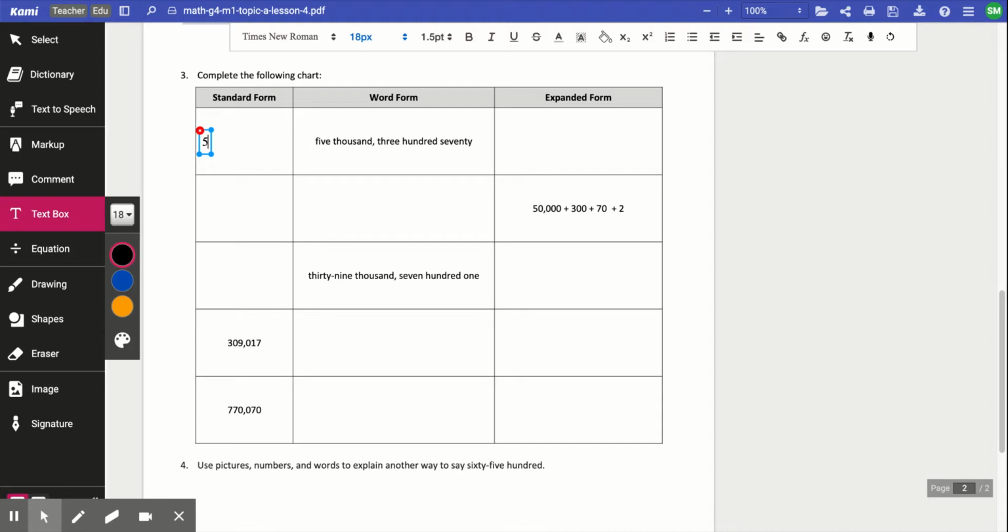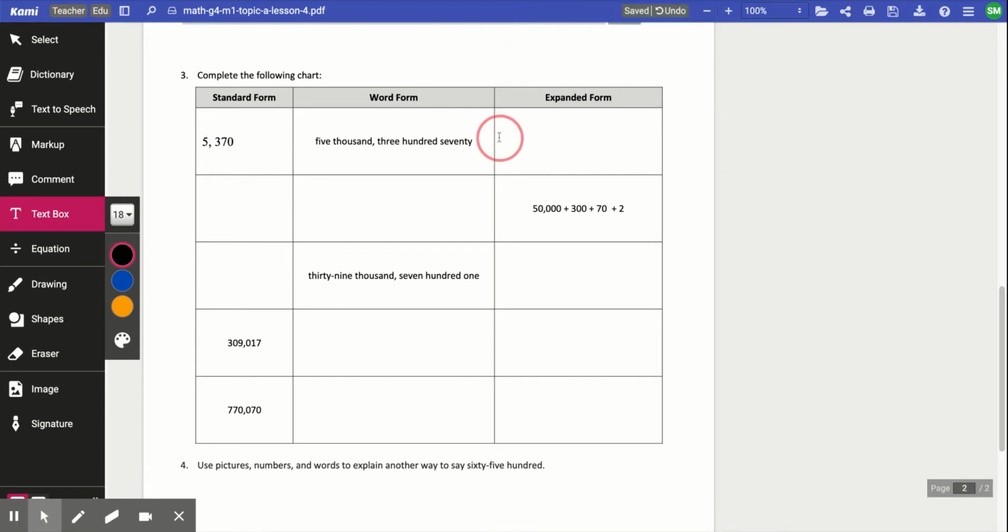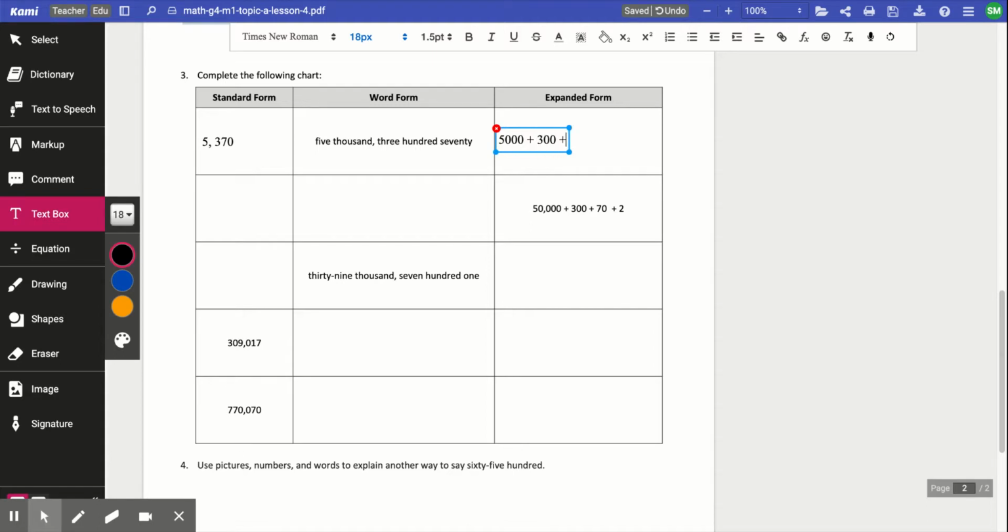So automatically, I know I'm going to have a 4-digit number, 5,370. Here we go. And then we have 5,000 plus 300 plus 70. And it's bothering me that I don't have the comma here. So I'm going to put the comma in. Great. That's the first one done.